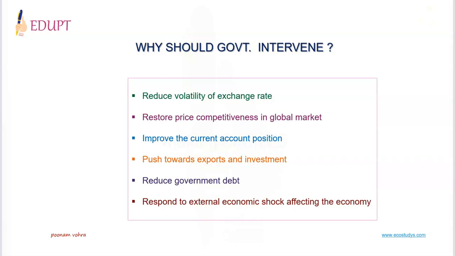In a managed floating exchange rate system, the central bank may choose to intervene in foreign exchange markets in order to affect the value of a currency to meet specific macroeconomic objectives. The central bank attempts to reduce the volatility of the exchange rate by purchase and sale of foreign currency.